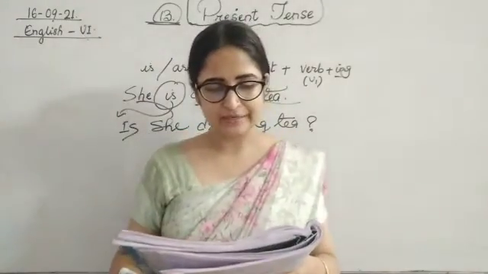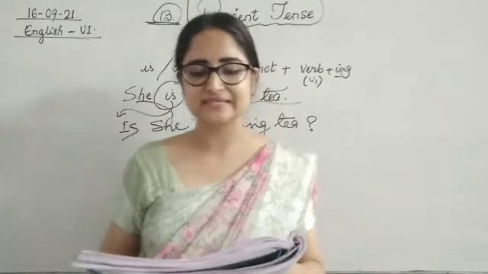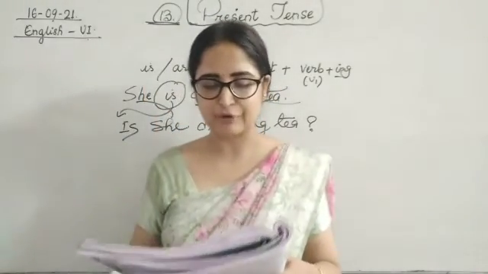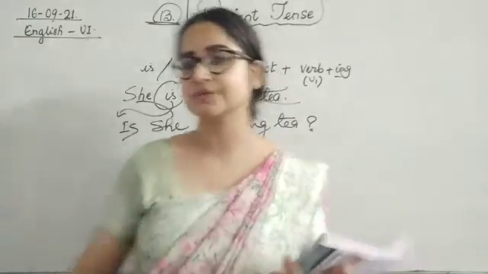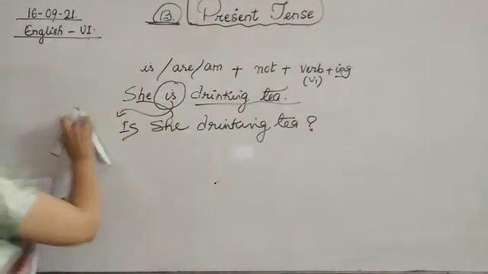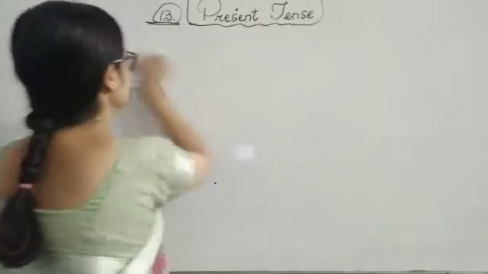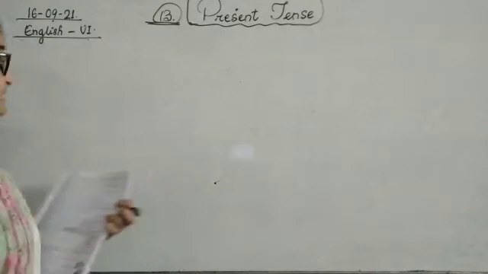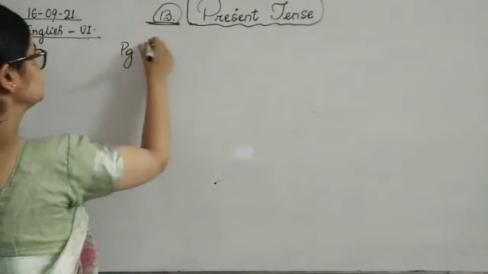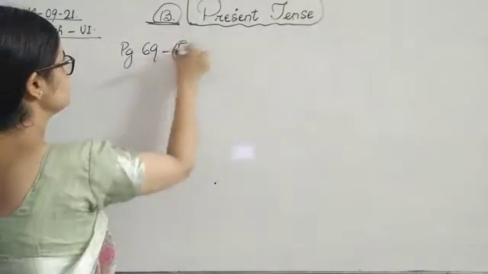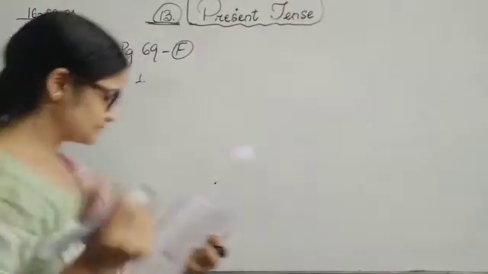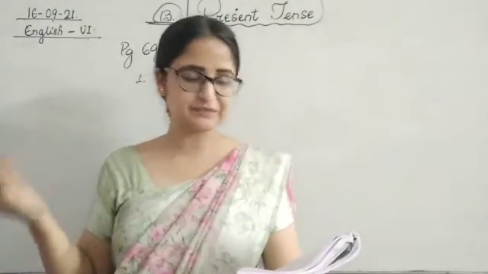Now let's move ahead. Rewrite the following sentences in negative and interrogative forms. Number 1, Meena is washing clothes. This exercise F is on page number 69. Number 1. We have to change it into interrogative as well as negative.